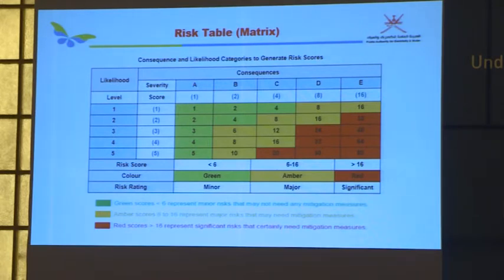For amber, I cannot read it because my glasses are not right and the writing is very small, but maybe it is clear to the audience. Red is severe, a significant risk that certainly needs mitigation measures.